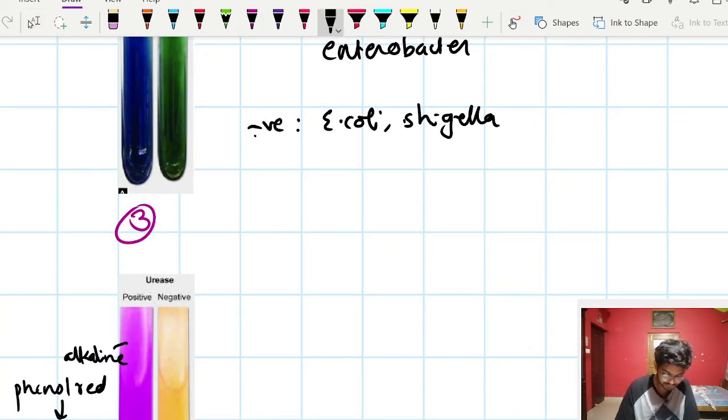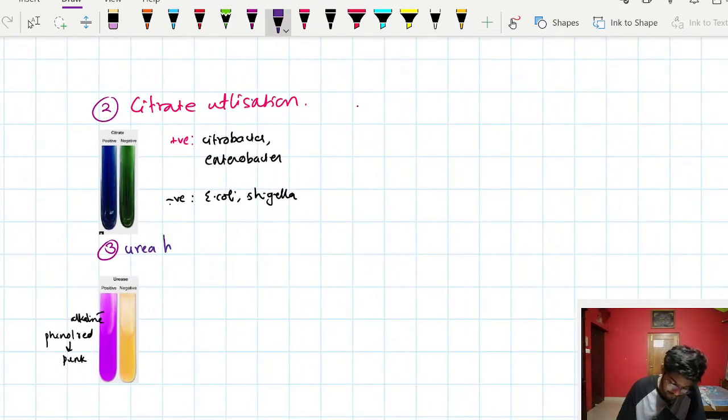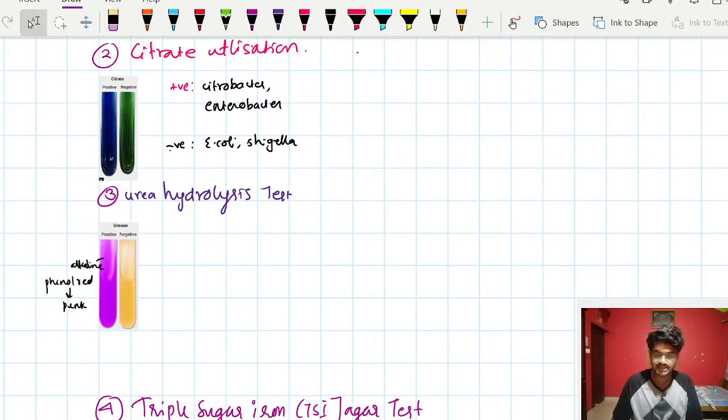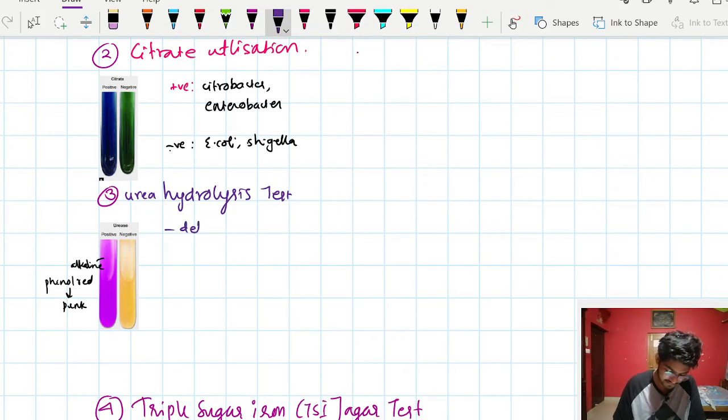Then the third test specific for gram-negative bacteria is the urea hydrolysis test. Here we detect whether the microorganism has the enzyme urease.